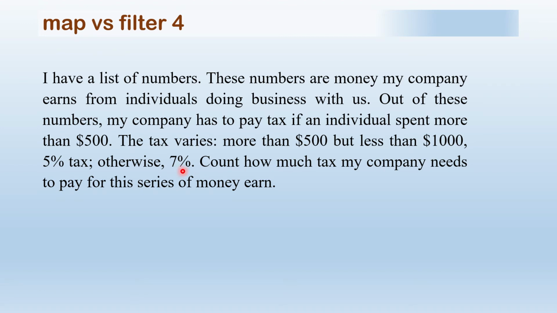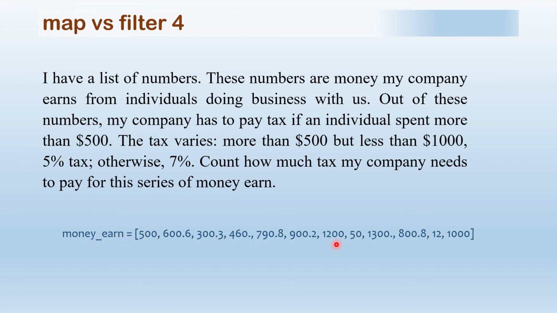If they spend more than 500 but less than 1,000, it will be 5%. So if I give you a series of money people spend in my company, how much tax does my company need to pay? Try that. Let's use this as an example of money people spend in my company on that particular day.